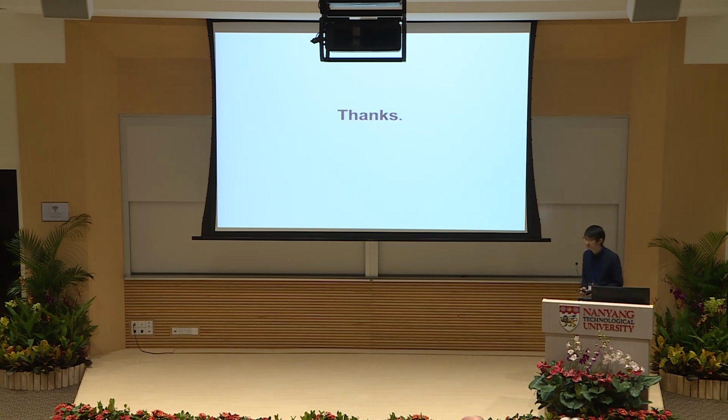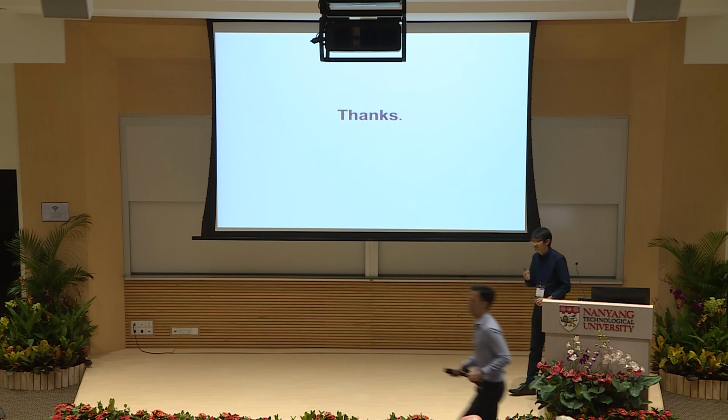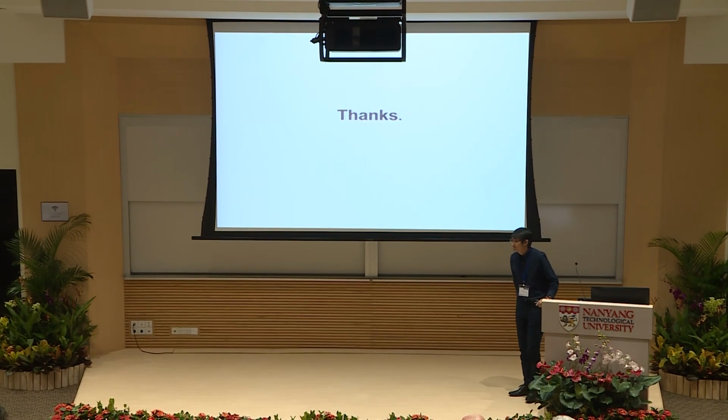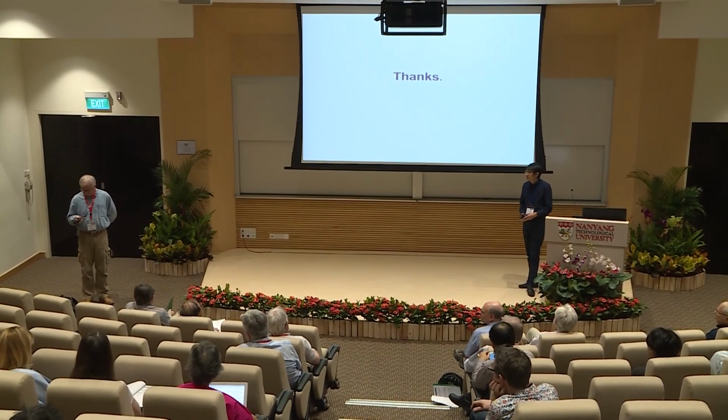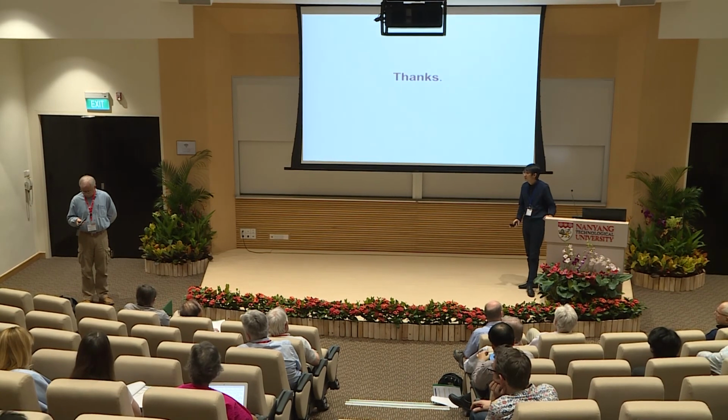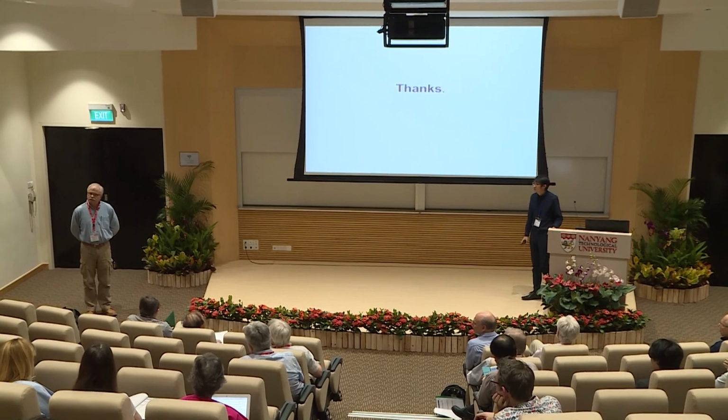Time for questions? Yes. Very nice, thank you. I was curious if you looked at the energetics of DNA condensation within your coarse-grained model. You have the energy numbers, right?